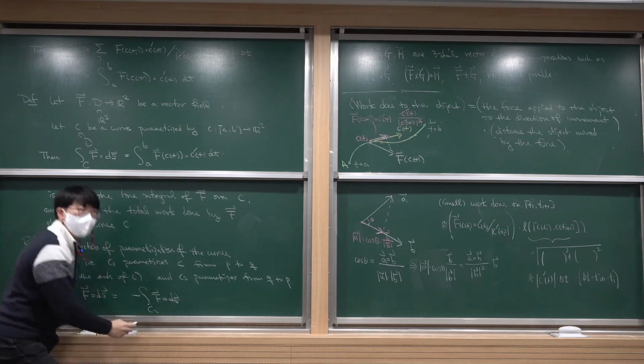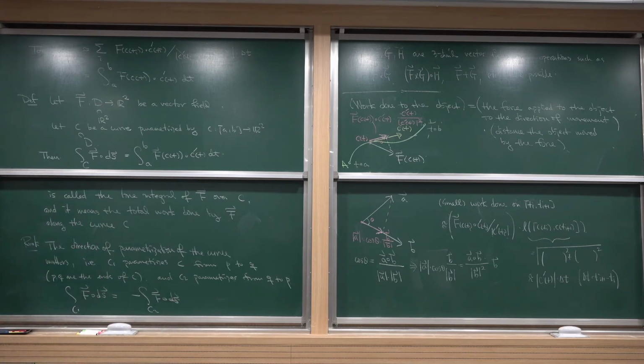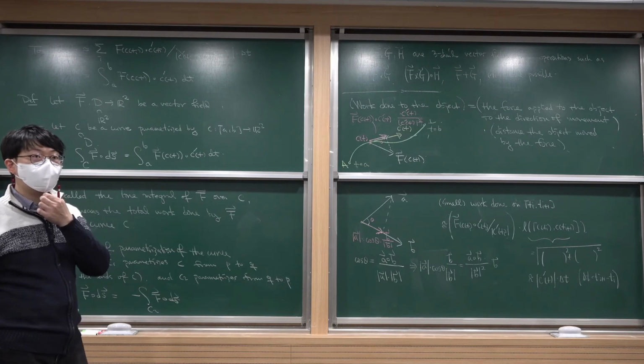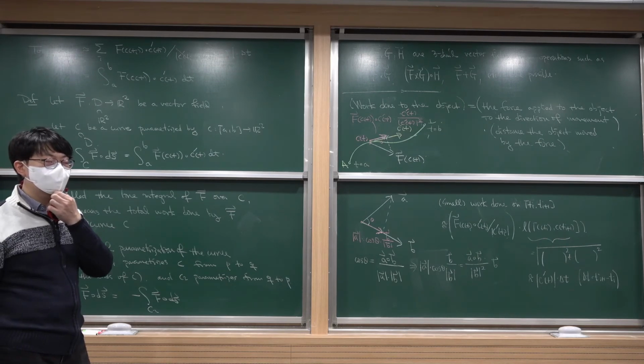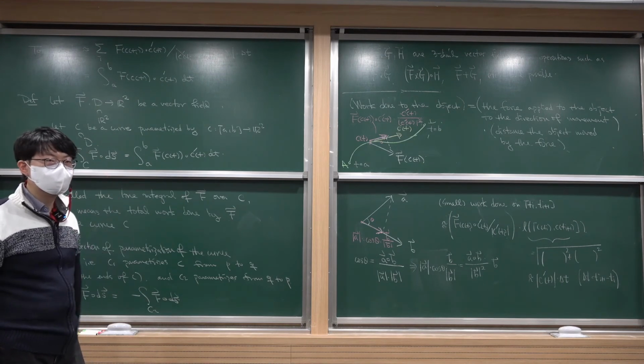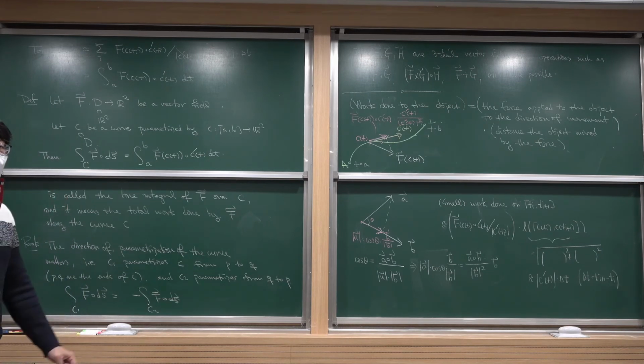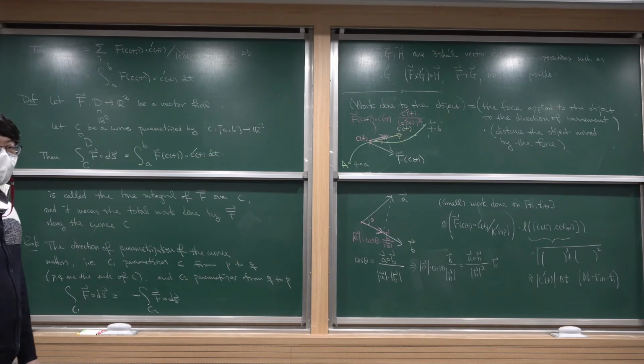Minus. Why? Because we add all the F times s times cosine theta, and if we integrate in the opposite direction, each cosine theta will change sign.